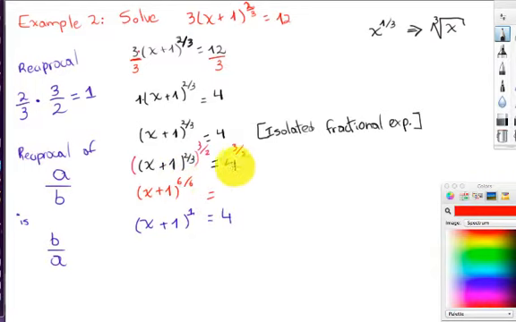And what happens if I turn this into a radical? My index would be 2, and I would have 4 to the third. Right, so 4 to the third is 4 times 4 is 16, times 4 is 64.